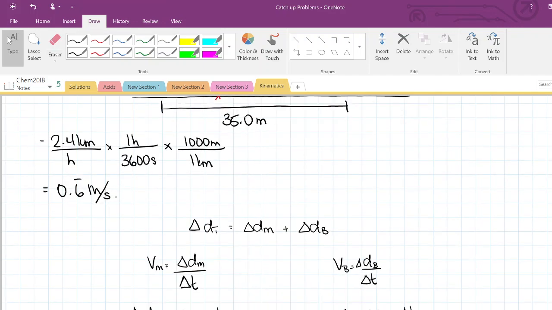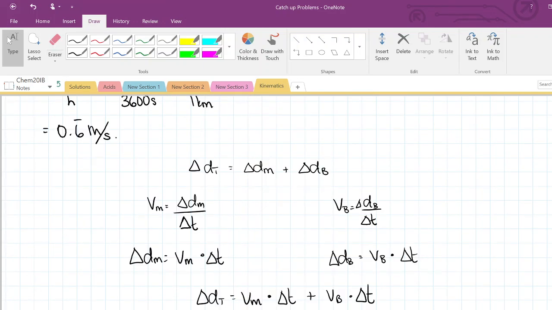So what I'm going to do in this case, and again, there's many different ways you could solve this, is, because I know that the total distance is equal to the distance of the mosquito plus the distance of the bike, I'm going to isolate both of these uniform motion equations for distance. So my distance of the mosquito is equal to the mosquito's speed times its time, and my distance of the bike is equal to my speed of the bike times the time.